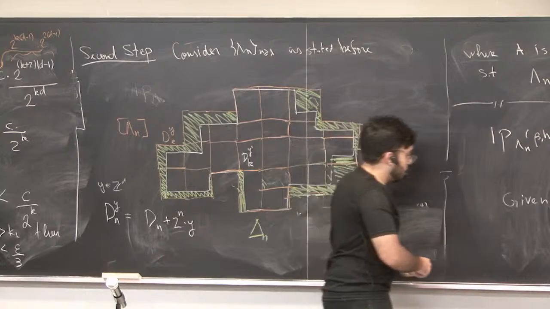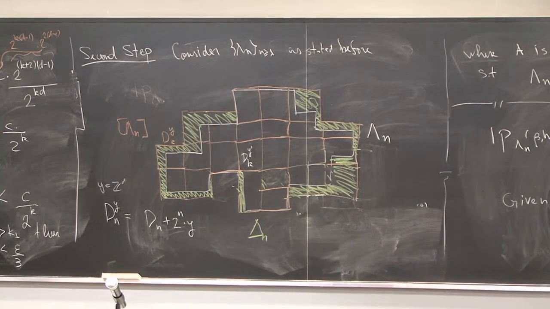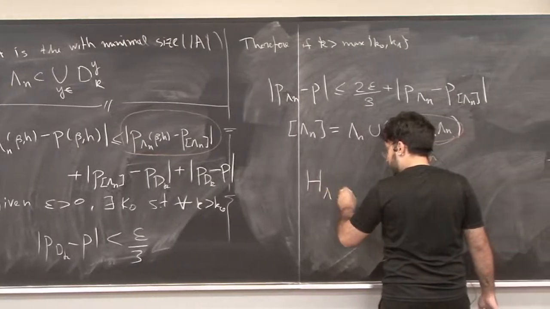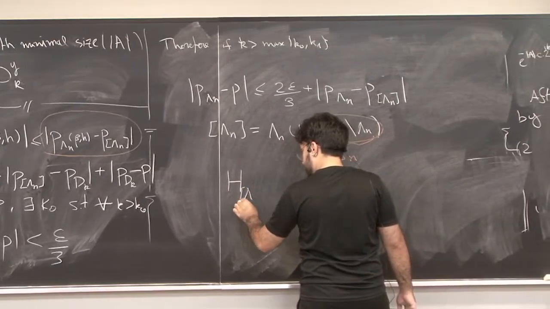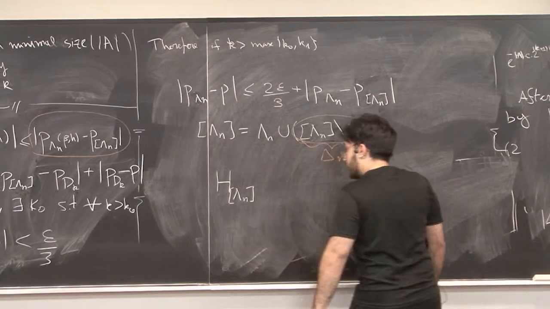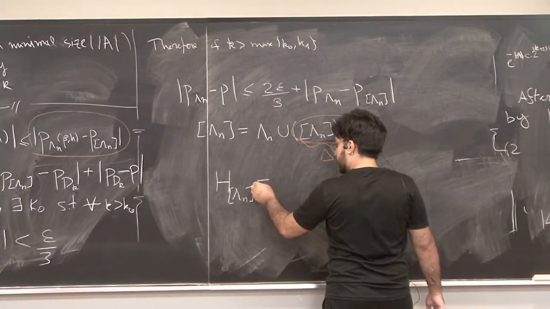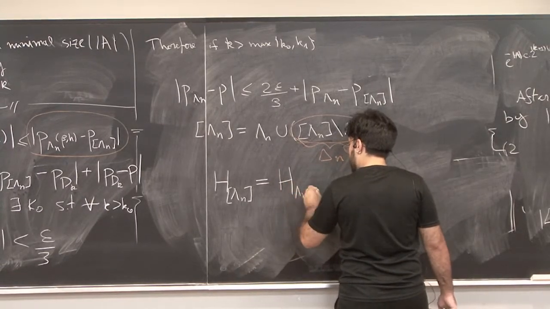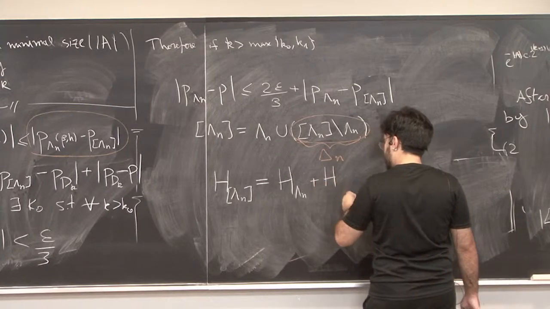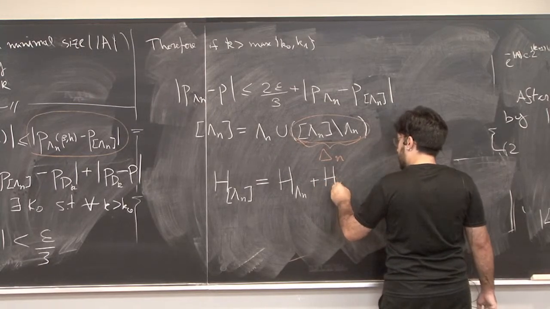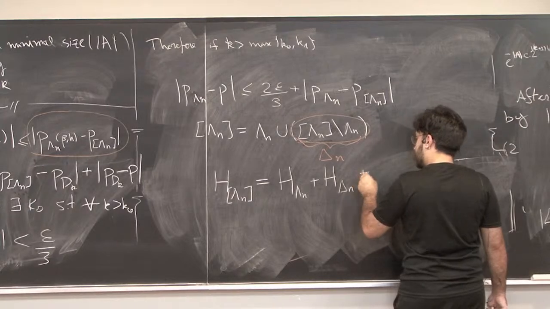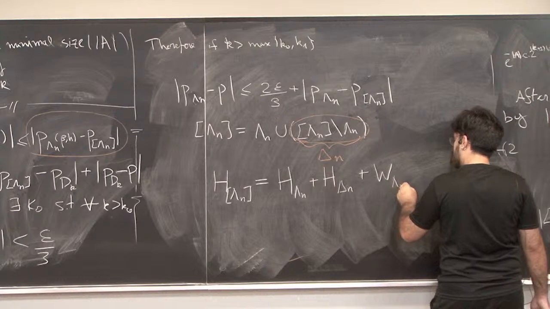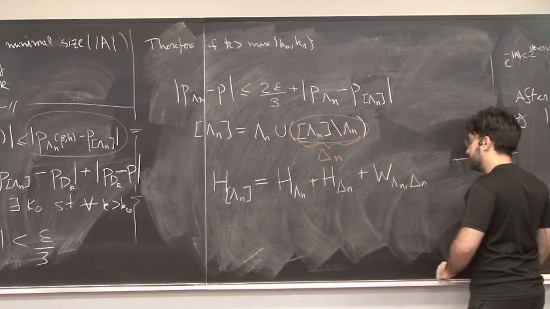Okay, so what's next? We decompose the Hamiltonian in the cover as the Hamiltonian in lambda n plus the Hamiltonian in delta n plus W of lambda n, delta n.